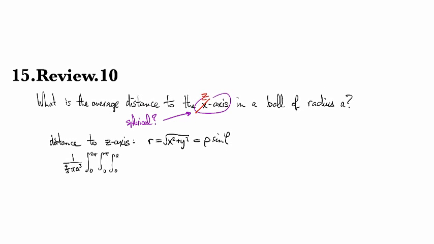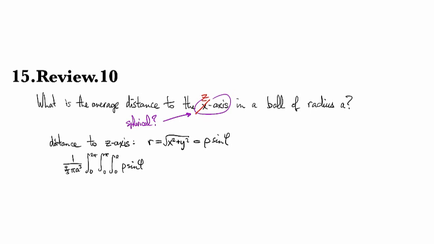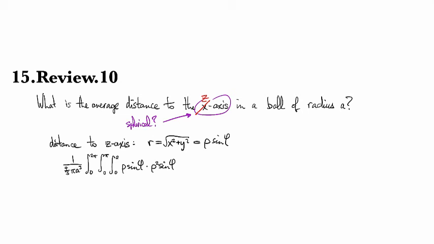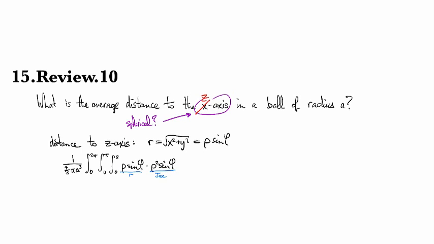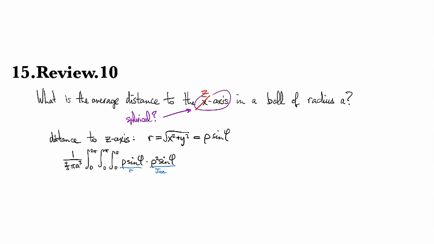So that's going to be rho sine phi, the distance to the z-axis, and then we've got rho squared sine phi from the Jacobian. So this is coming from r, this is coming from the Jacobian, and then this is times d rho, d phi, d theta.